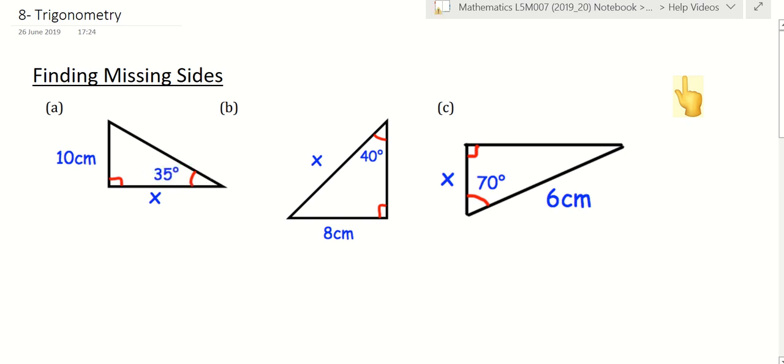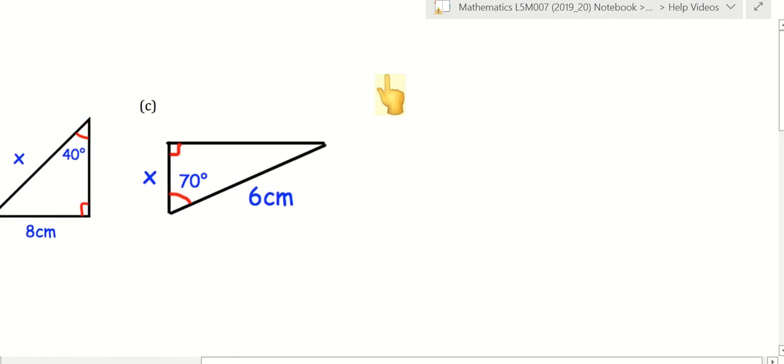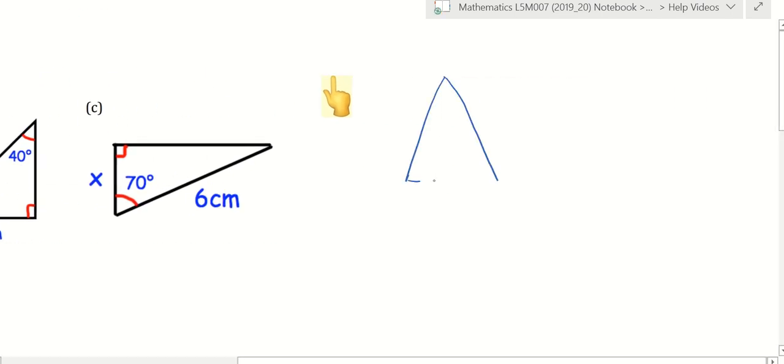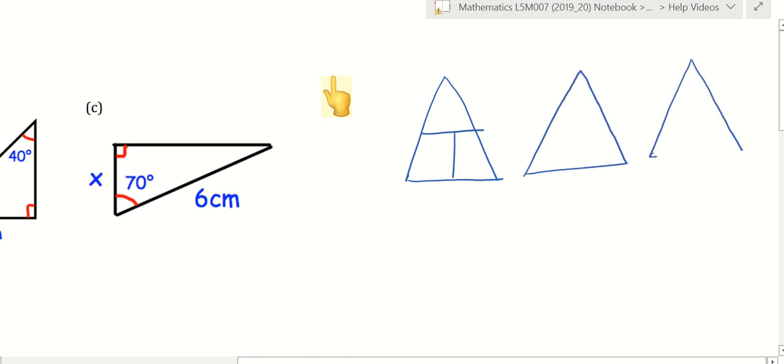The first thing you need to do is to learn the SOHCAHTOA triangles. If you don't know them, you have to learn them. Otherwise, you will not be able to answer these questions correctly. So you've got SO, and I always put a little theta to remind myself that the sine has to be followed by an angle.